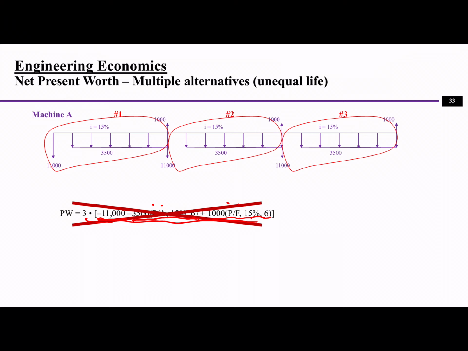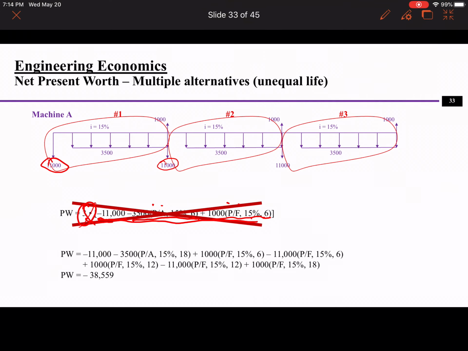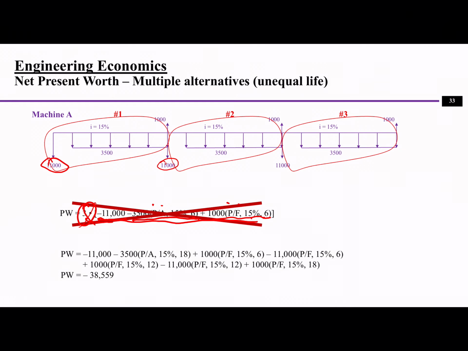If you use 3 times this, does it work? Absolutely not, because if you are looking at 18 years, across multiple time periods we are compounding the interest rate, and this 11,000 definitely is not equal to that 11,000. So you never do this simple multiplication. It's not right.